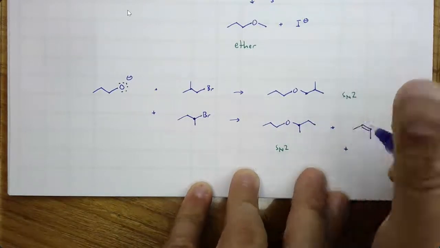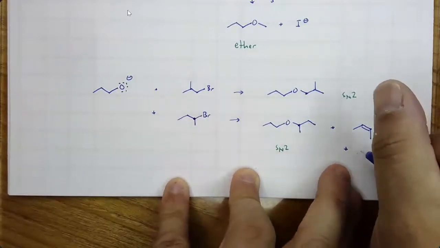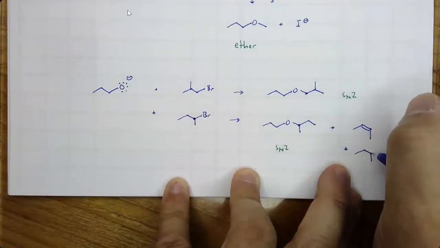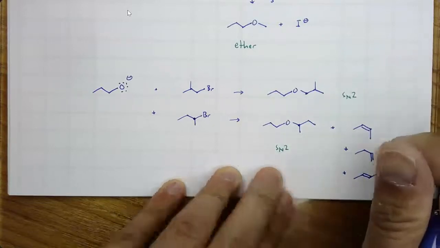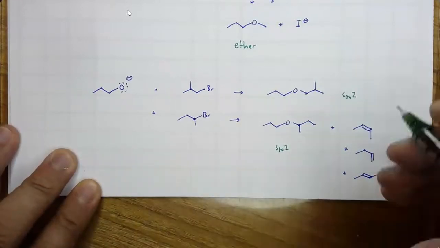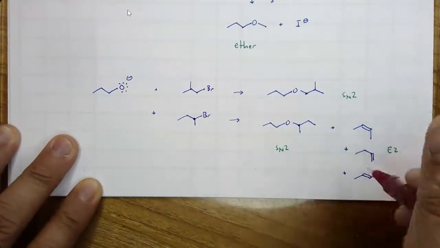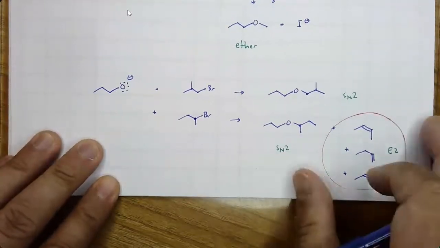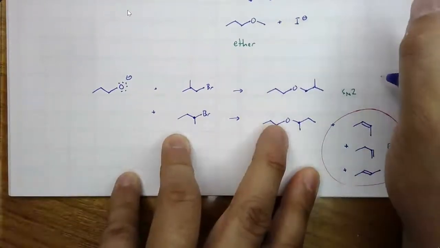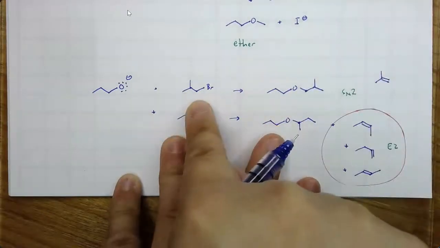And because this is a strong base, we would get several products. Okay, and all of those are E2. In this case, this is the major product. And actually, let me draw the E2 product for this alkyl halide, for this one right here.